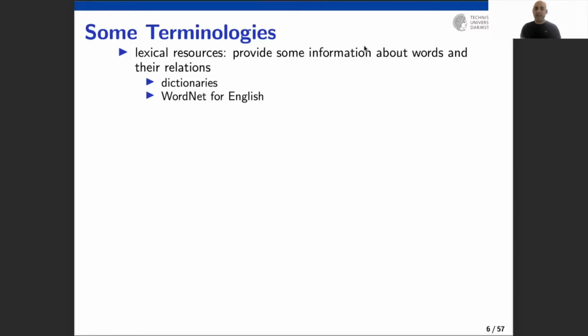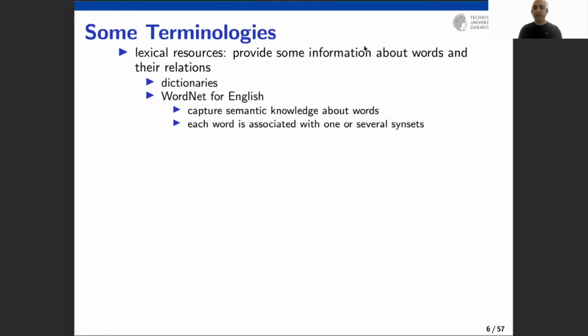Now, the second lexical resource is WordNet. WordNet is designed for English, and as the name shows, it captures the relations between different words in English and models these relations by a graph or a network. In this lexical resource, each word is associated with one or several synsets.